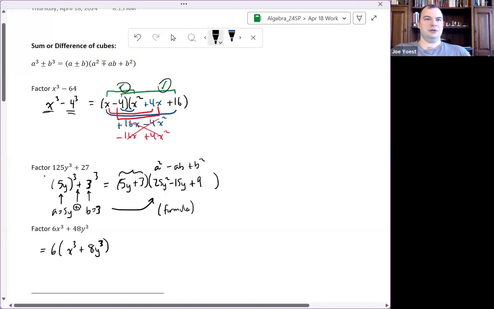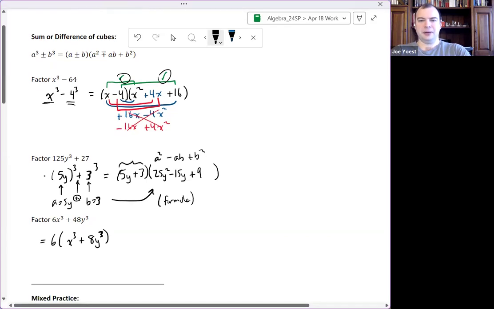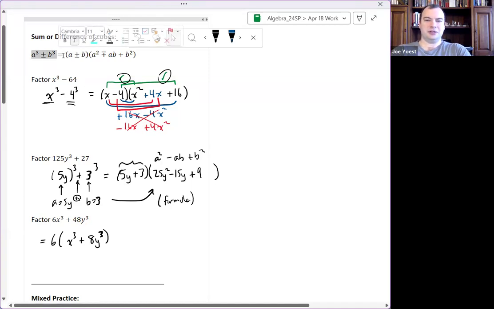And down here, instead of doing the kind of reverse engineering method, I just used this formula up here. I noted that a was 5y in this case, and b is 3. So I factor out a, and my cubes are attached by a plus, right? A sum of 2 cubes. So I factor out a 5y plus 3, an a plus b.